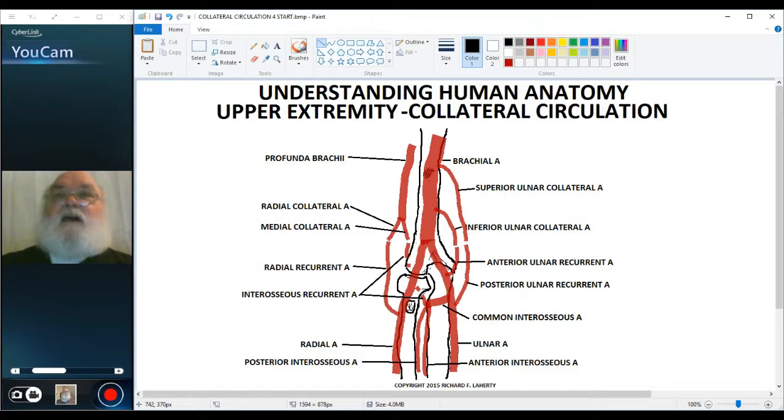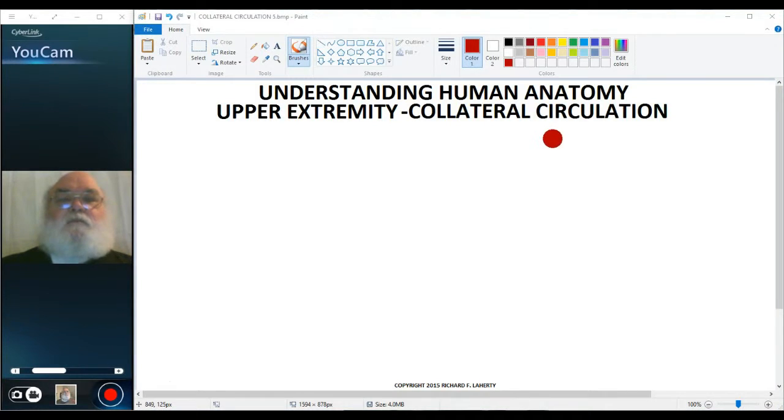Now, in the last slide, we'll look at the anastomoses between the radial and ulnar arteries at the distal end, the two palmar arches. We look at the distal end of the radial and ulnar arteries.